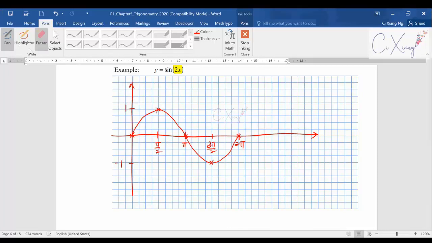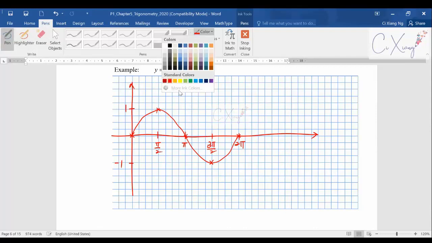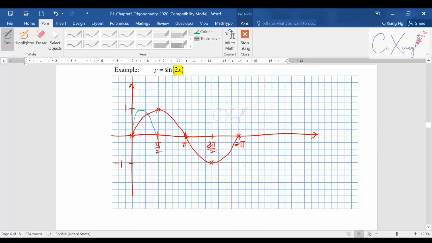After that, because they multiply a 2 inside the basic function, usually last time you would try to squeeze it, meaning you make it have 2 cycles in the range. But now I'm not going to do that.